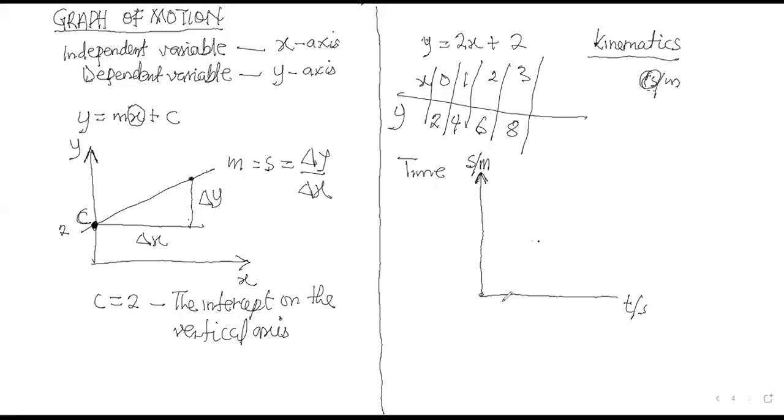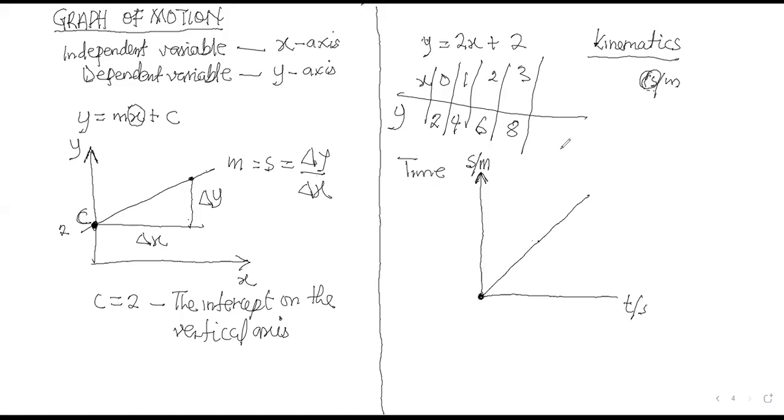Or what is the magnitude of distance covered? When you plot such motion, you have a straight line, either starting from the origin or having an intercept.